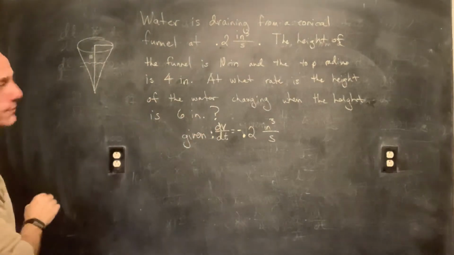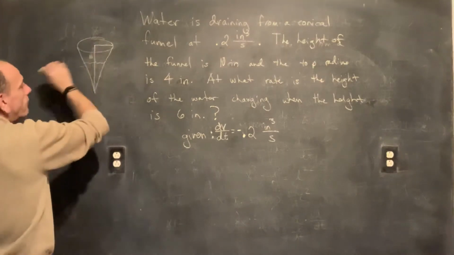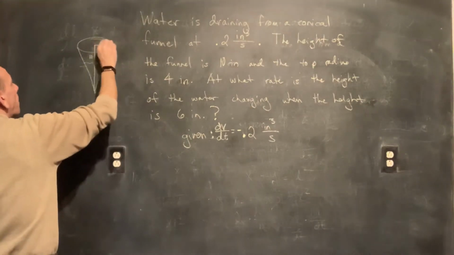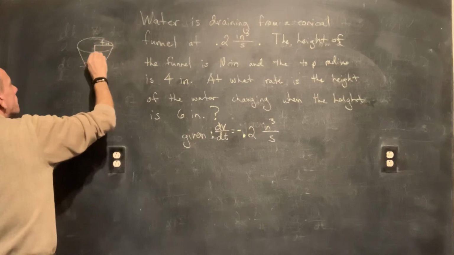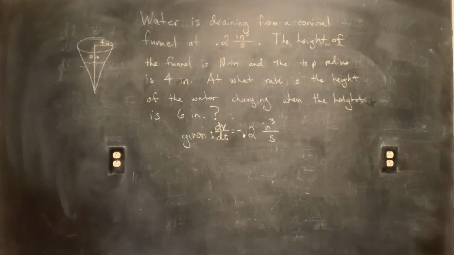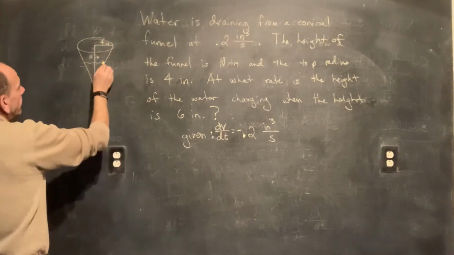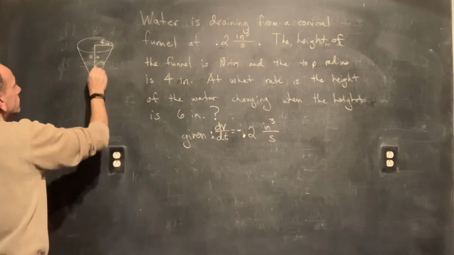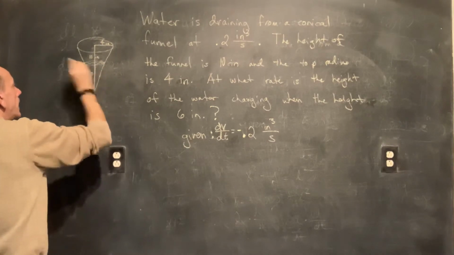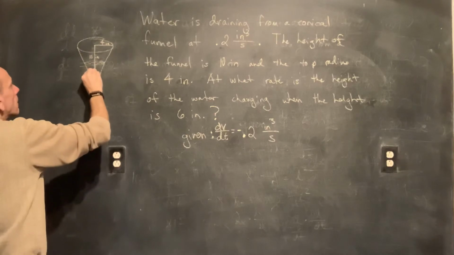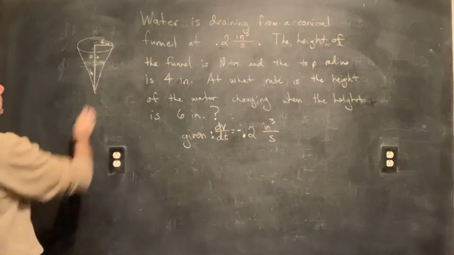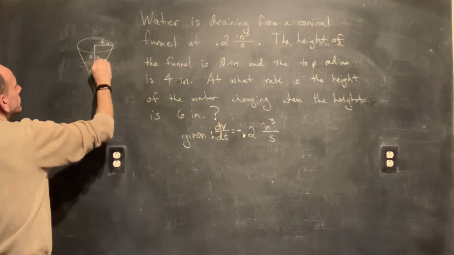There, that's better. I'm consistent. Sorry. Okay, we have 4 inches up top. And that water's in here, so that's at some height h, and it has some radius r.